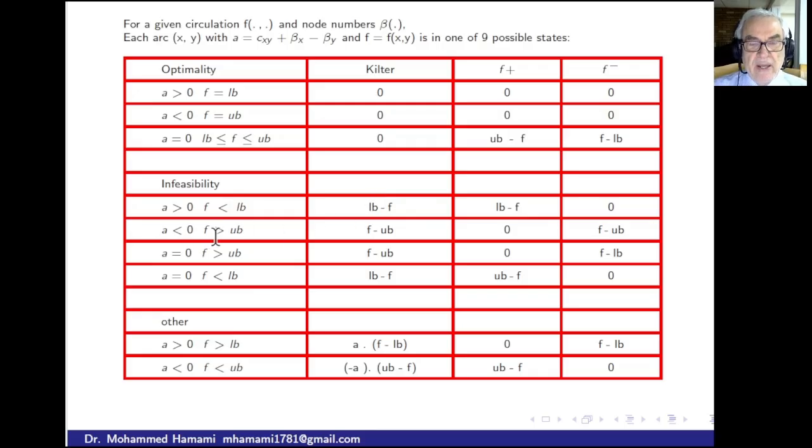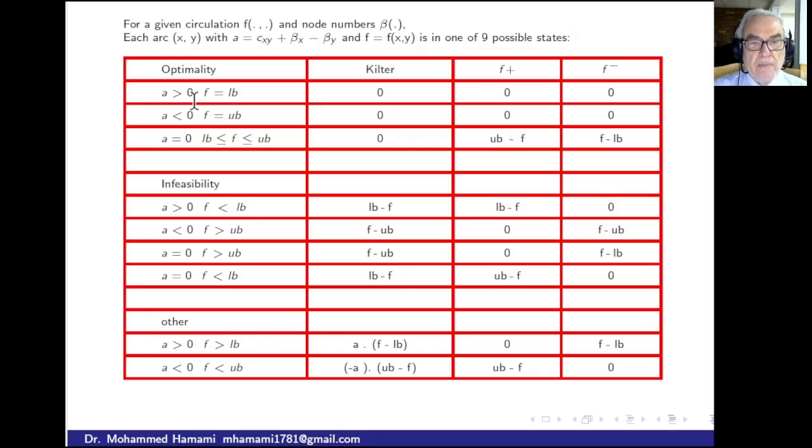A negative and f bigger than UB, so it's outside the lower bound, upper bound. So the degree of infeasibility is f minus UB. A equal to 0, we got two cases, f bigger than UB and f less than LB. So for f bigger than UB, we do f minus UB, the degree of infeasibility, and here it is LB minus f.